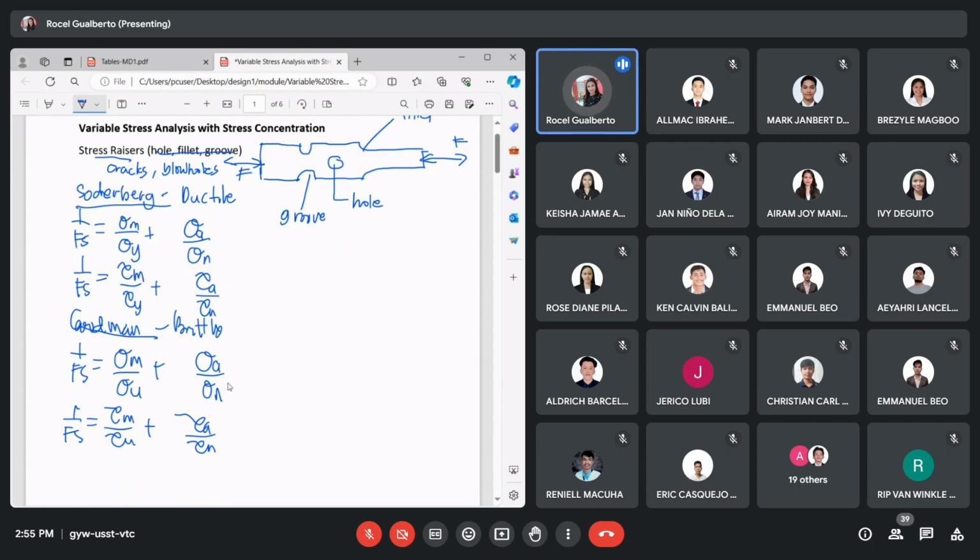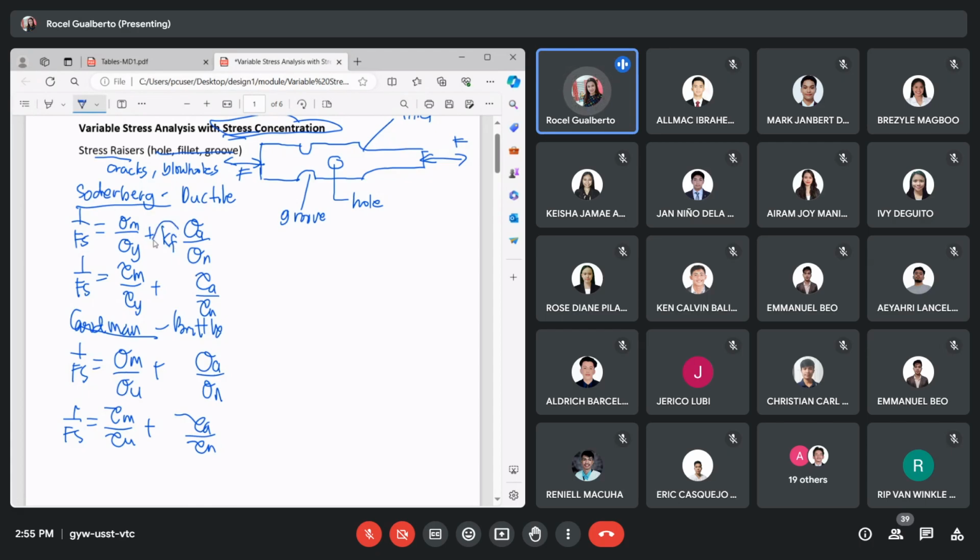Okay? What is only its difference kung meron na po tayong stress concentration? Okay? Yung po pag may stress concentration tayo, yung ating pong stress ratio na yan is to be accounted. Kaya nagdadagdag po tayo ng factor sa Soderberg at sa Goodman equation. So, we include here po on the second term, okay, KF.